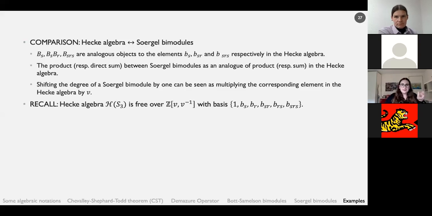Shifting the degree of a Soergel bimodule by 1 should be seen as multiplying the corresponding element in the Hecke algebra by v. Recall that the Hecke algebra H of S3 is free over the ring over Z with generators v and v to the power of -1, and has the basis you can see here.